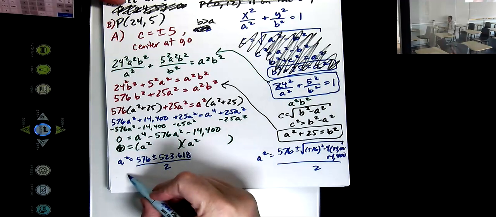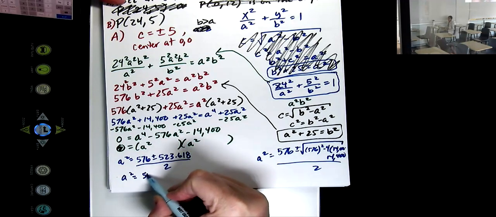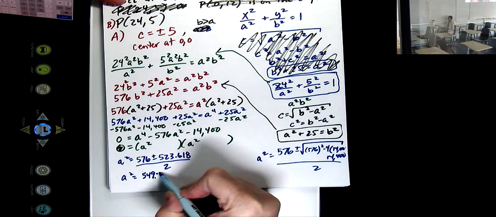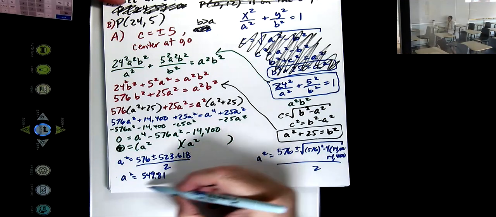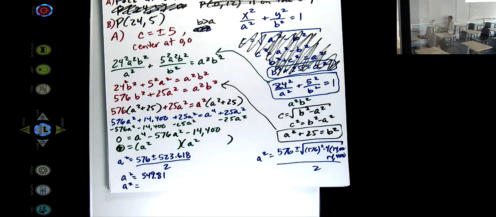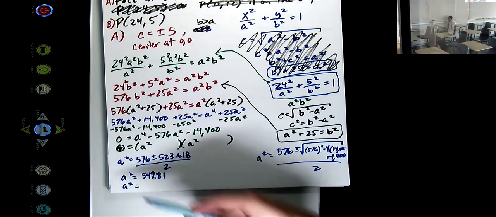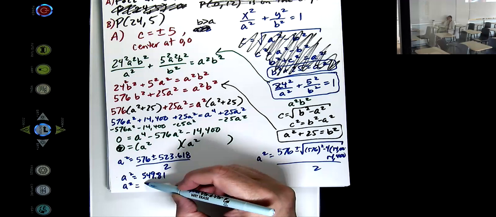If I do the plus one, I've got 549.81. And if I do the minus one, this one is like 26.19.